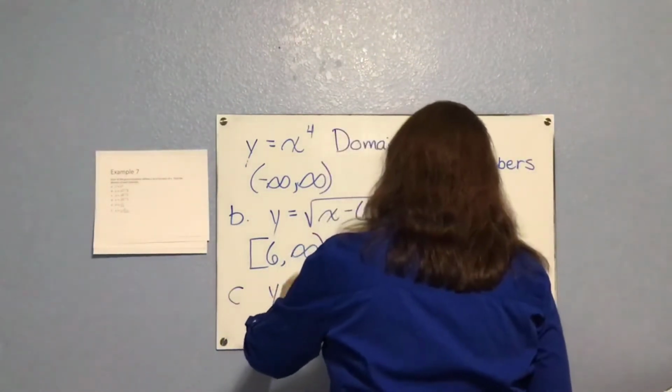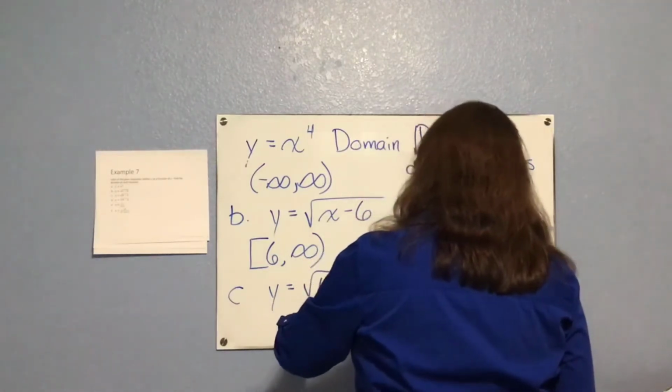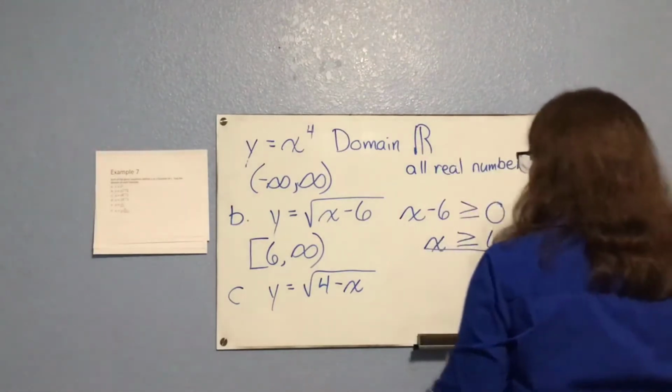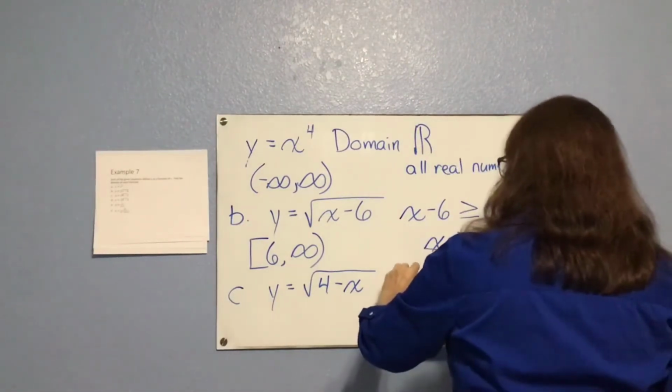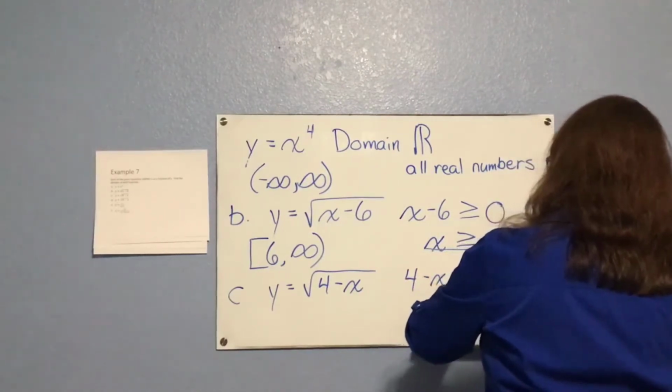How about if we switch it around a little bit and have 4 minus x? We still have the same condition here. 4 minus x has to be greater than or equal to 0.